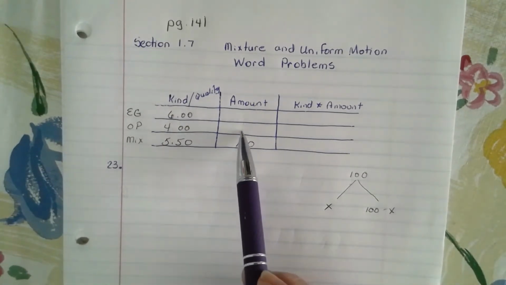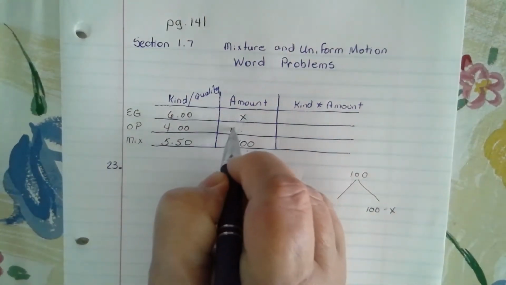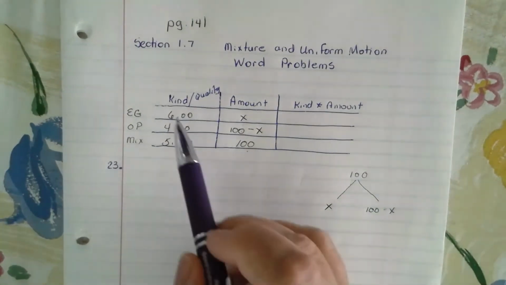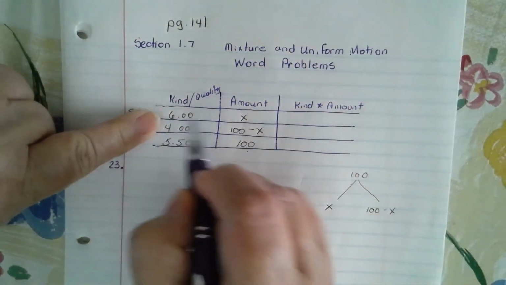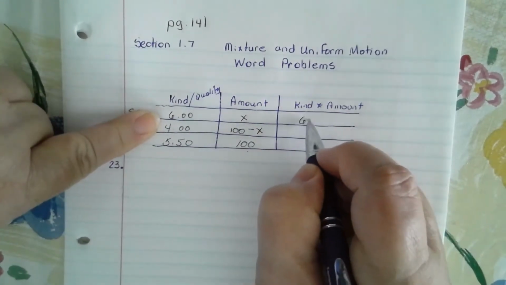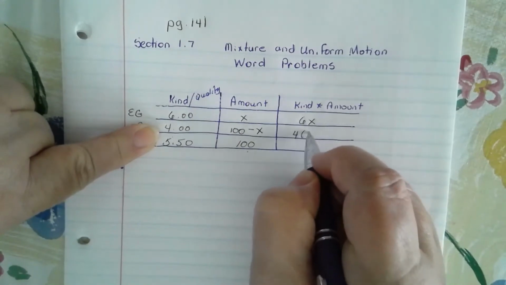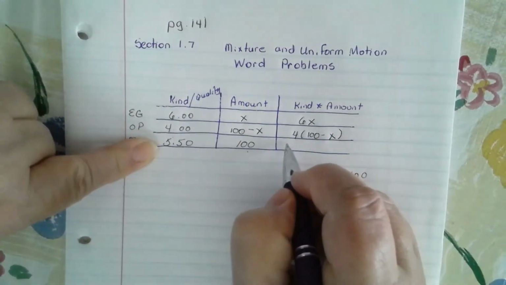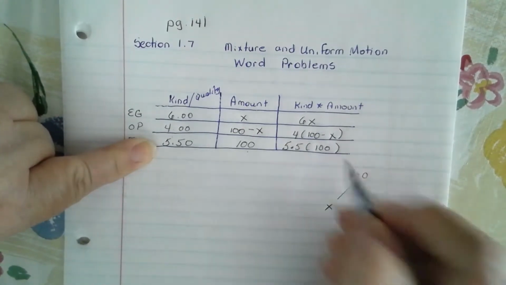Now, it doesn't matter which one's X and which one's 100 minus X, but I'm just going to do it this way. And what we want to do is to multiply straight across. So we're going to multiply 6 times X and 4 times 100 minus X and 5.50, so I'm just going to put 5.5 times 100.